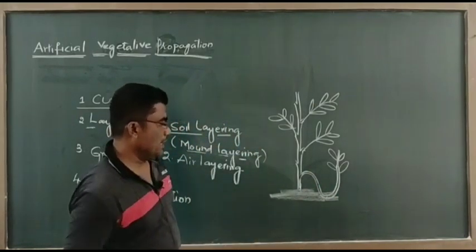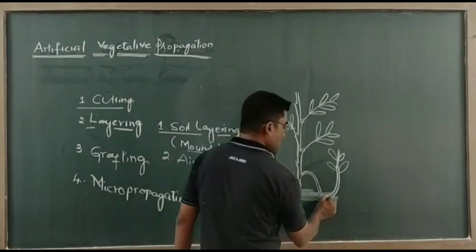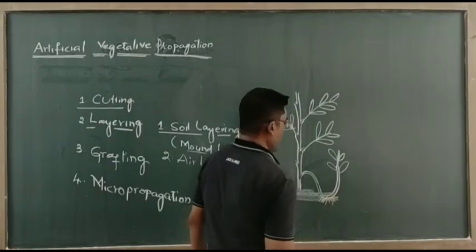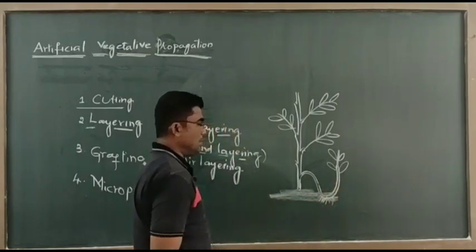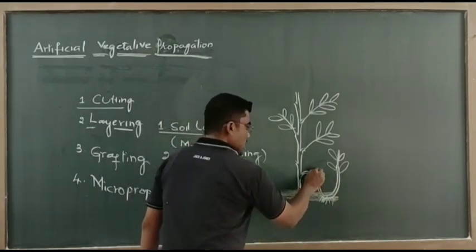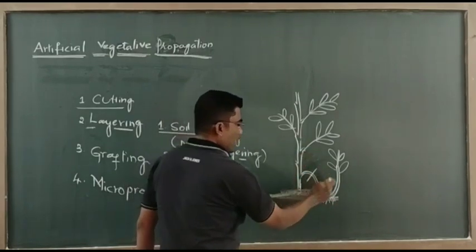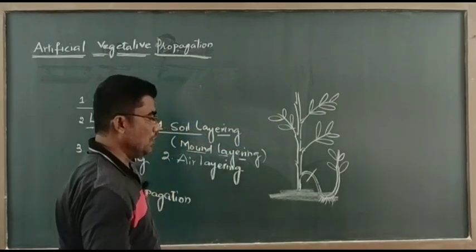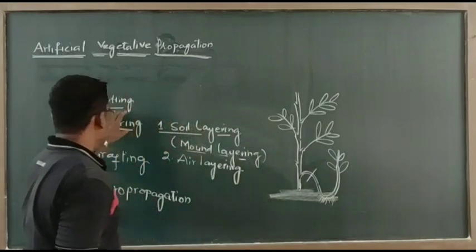After a few days, what happens? From the cut or injured part, this branch starts to produce adventitious roots. When this branch properly produces roots, then this branch is cut and detached from the parental body and planted in a new area to get an individual separate plant. This process is called layering.